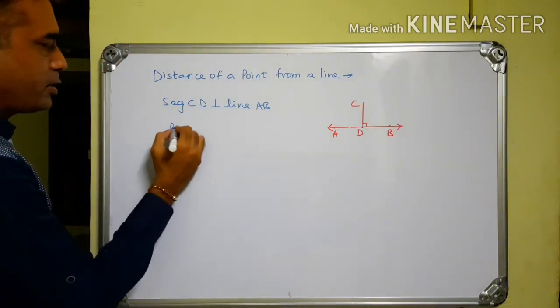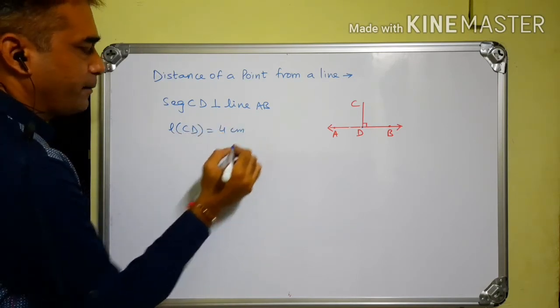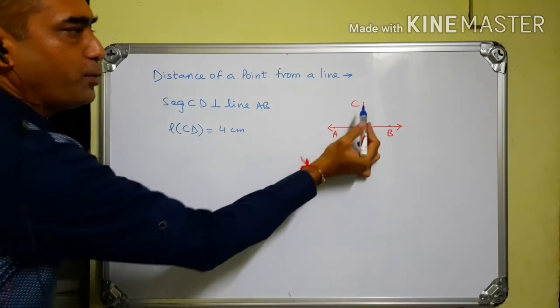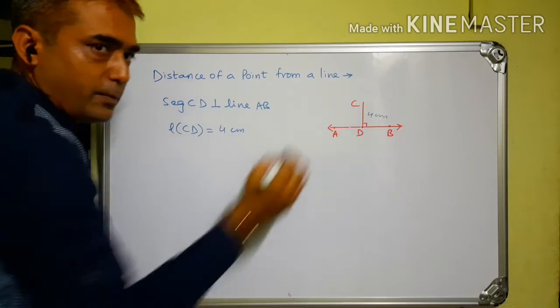Suppose here length CD equals 4 centimeter, then the distance of point C from line AB is 4 centimeter.